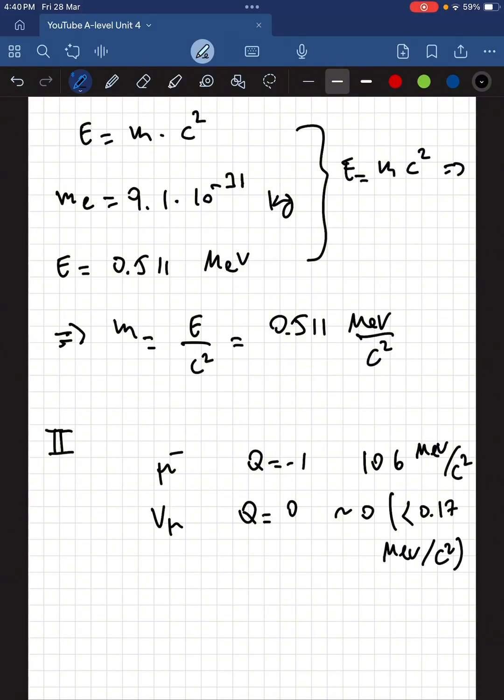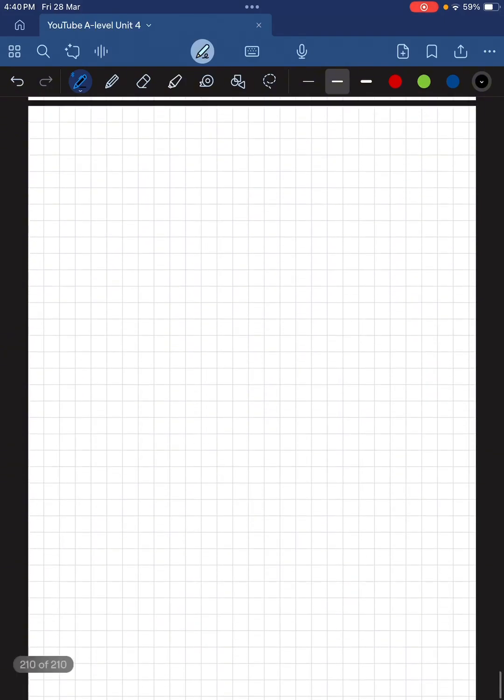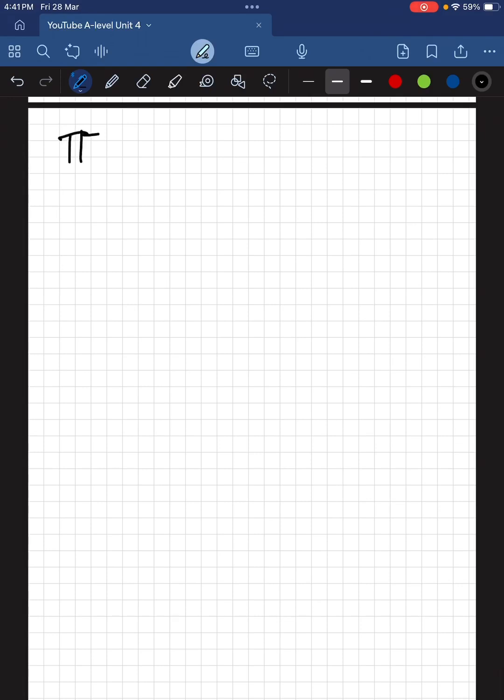And finally, the third generation, which was discovered in the 90s, so kind of recently actually. Was it the 90s? Maybe yeah. You don't need this information, but it was recent. Okay, it is the tau minus and the tau neutrino.